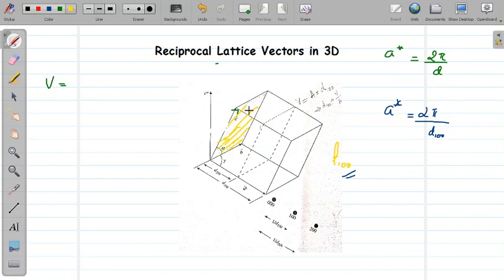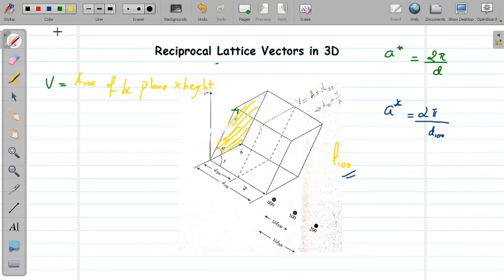If you know the area of that plane, multiply that with the spacing or the height. So area of the BC plane into height should give you the volume of this unit cell. The height means the perpendicular spacing between the opposite faces.